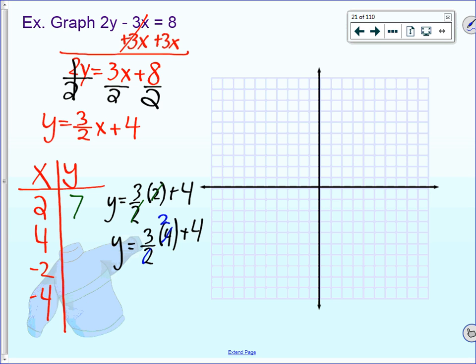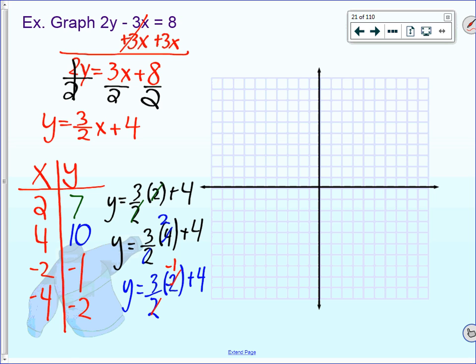And then for -2, the 2's cancel out and you get -1, and 3 times -1 plus 4 is 1. And then for -4, you do 2 times -4, and that cancels to -2. So 3 times -2 is -6, plus 4 is -2.